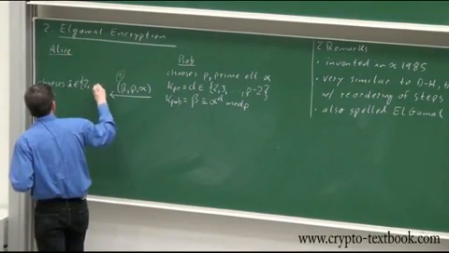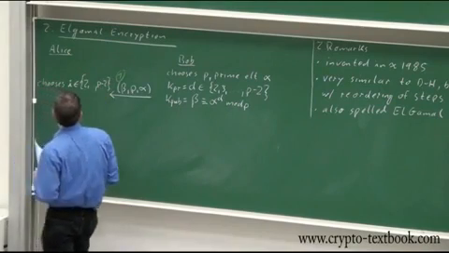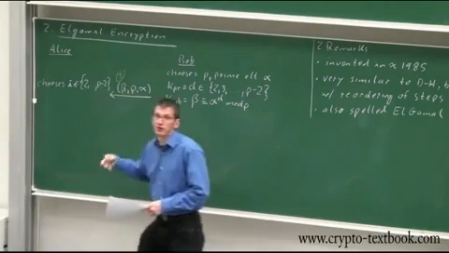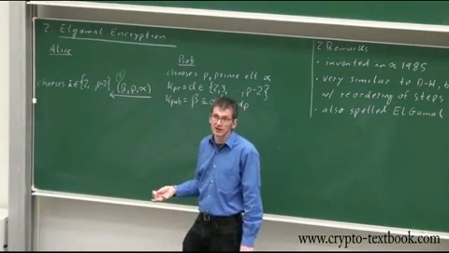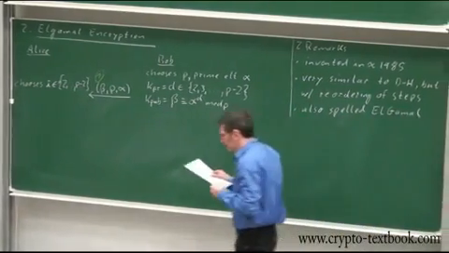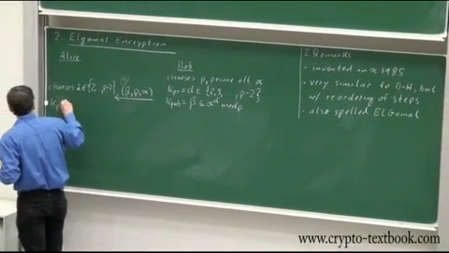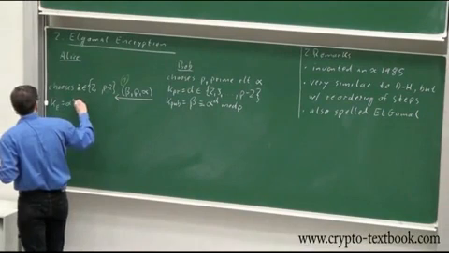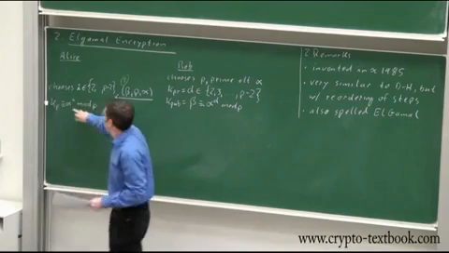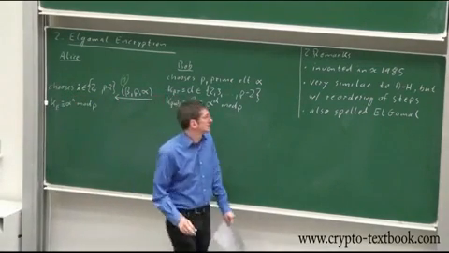Again, from the set 2 up to p minus 2. And she computes, so this is her private key, right? And what you do with the private key, you always put that in the exponent of something, right? You do an exponentiation. So she computes alpha raised to the e-th power modulo p, and this is called ke.